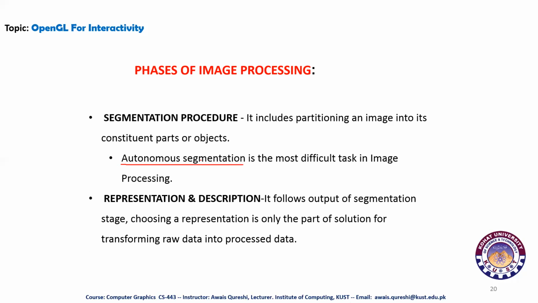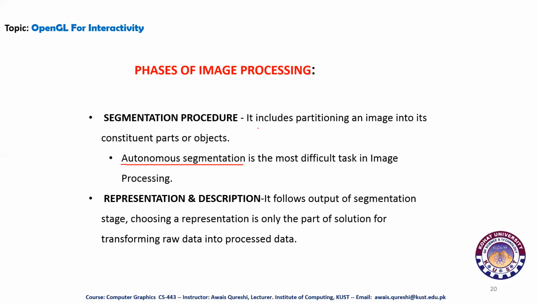Okay, after that we have another phase which is called representation and description. It follows the output of the segmentation stage. Definitely, after the image has been segmented or partitioned into its constituent parts, that is the output of the segmentation stage, and choosing a representation is only part of the solution for transforming raw data into processed data. So how do we make an already partitioned or segmented image into a new image?